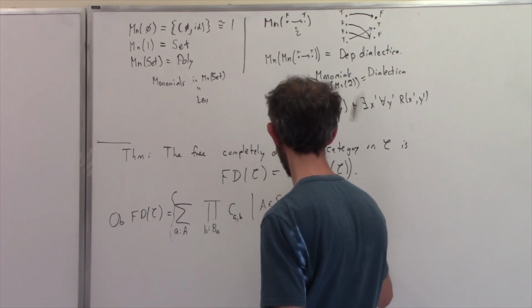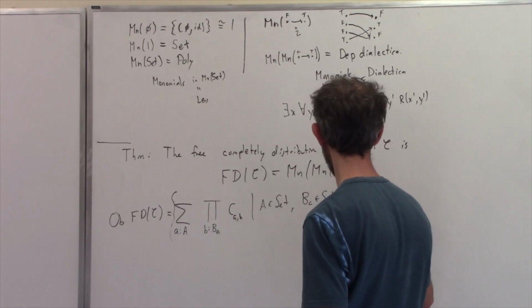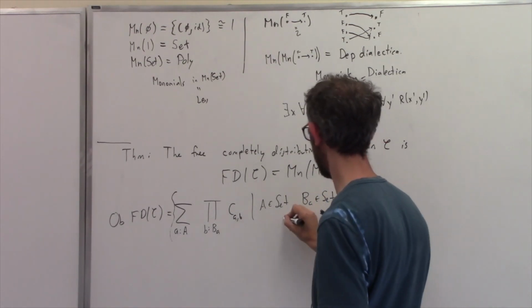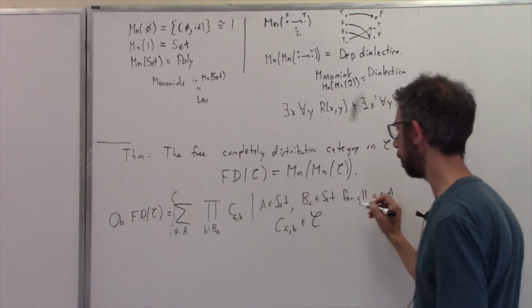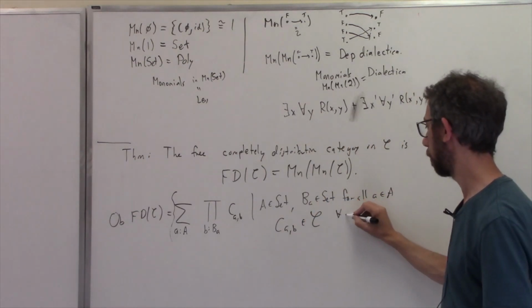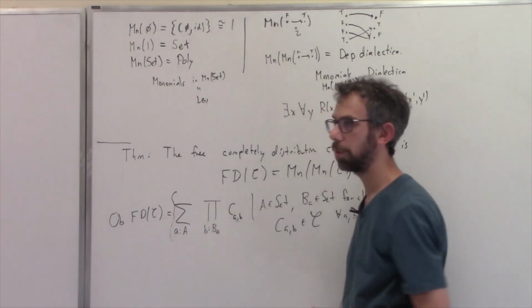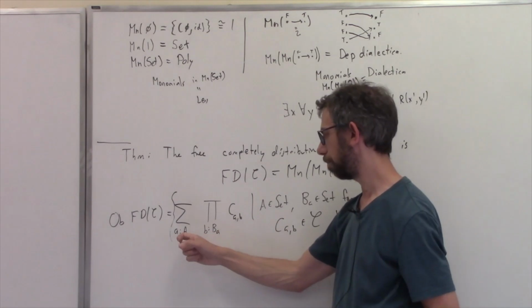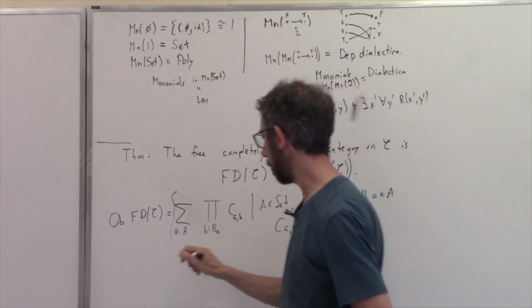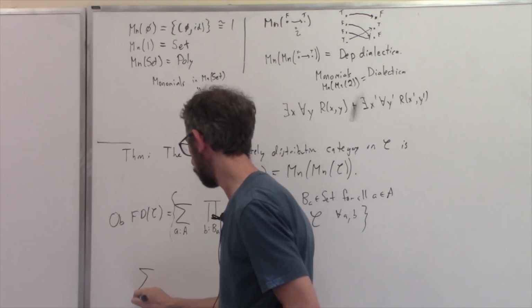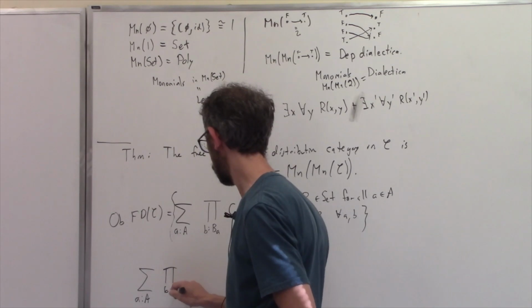And B_A is in set for all A in A, and C_AB is in C for all A and B. So these are the objects. These use formal symbols. This will end up being the coproduct, this will end up being the product. Then a map from this thing to another one of these things.